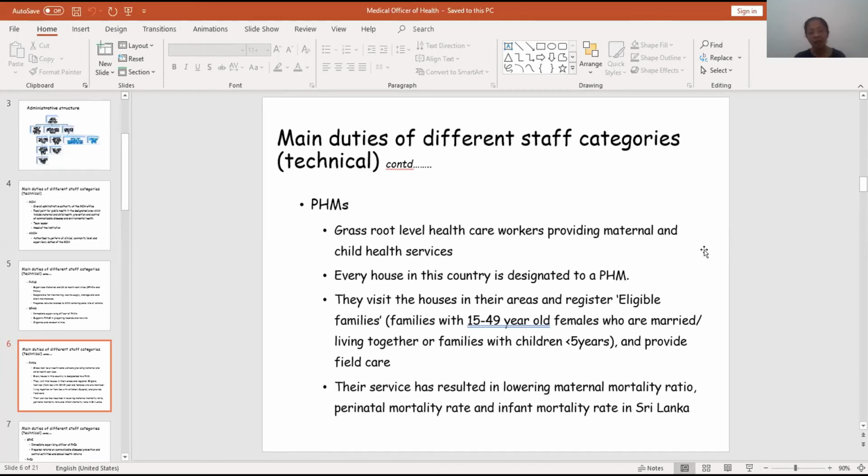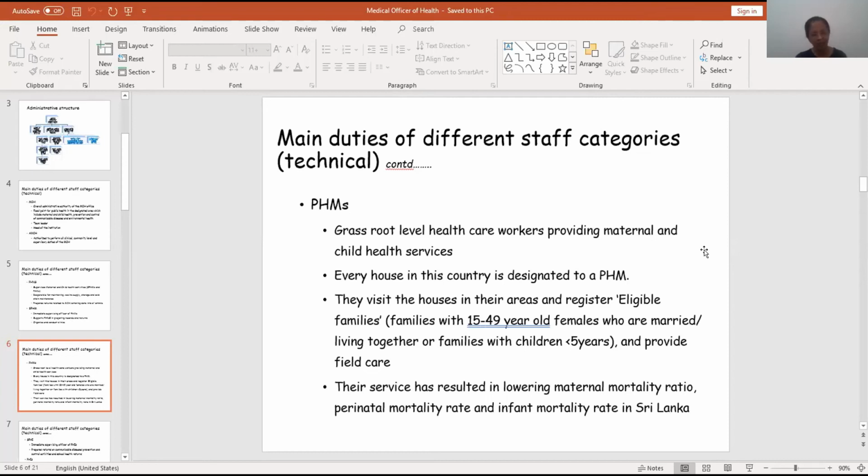They visit the houses in their areas and register eligible families. The eligible couple register is the most important document in the PHM's office. So if one PHM is maintaining and updating her eligible couple register properly, that is the foundation. All the other records and returns depend on the data in that particular document.